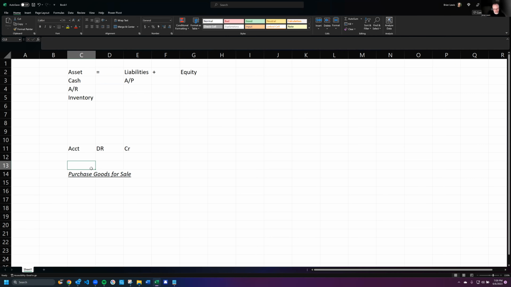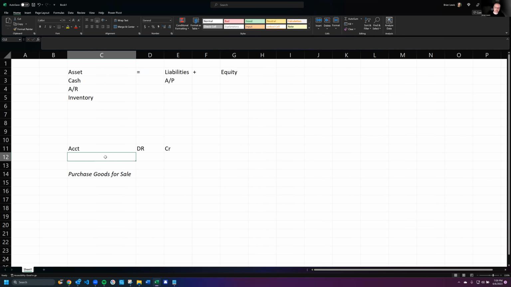So usually what you'll end up having is, let's make this a little bigger, you'll have your debit go to inventory and your credit is going to go to accounts payable because you're paying for it on credit almost always. And so let's say I bought $100 in inventory, then it's going to go to $100 in credit.